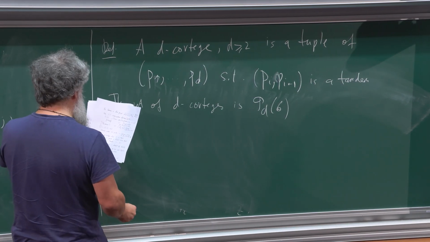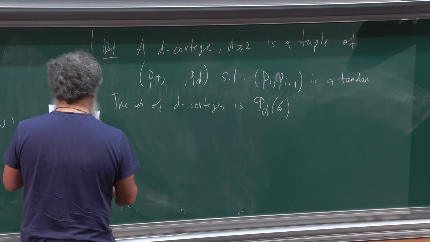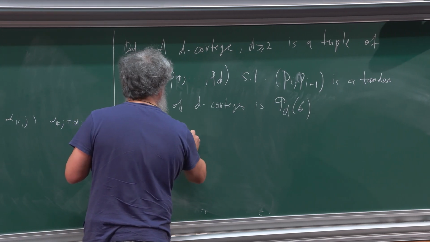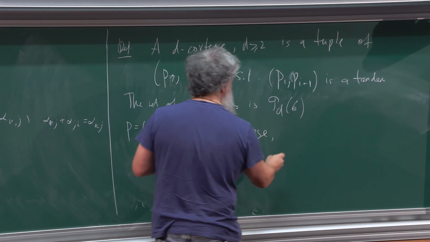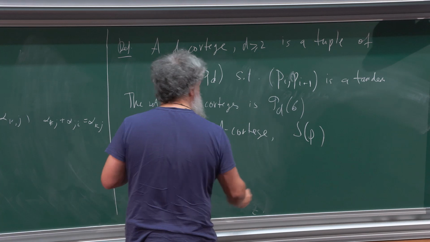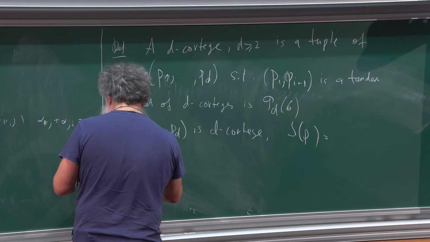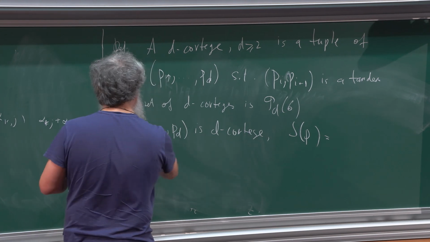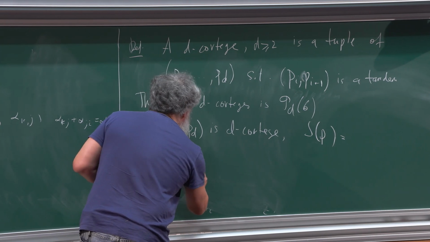Okay, now we associate to each d-Cartège the following sequence. If we have a d-Cartège P, then we consider the following sequence S of P, which consists of the following elements. S1 of P, we just forget about the first path, so it is P2, ..., Pd.